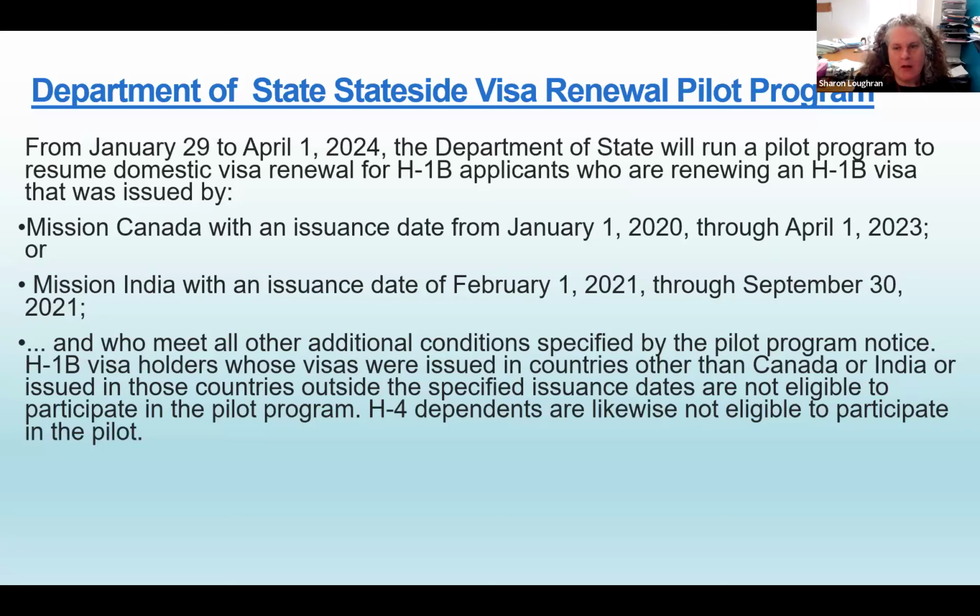It's a very small amount of people, but we're really hoping that the Department of State will go back to renewing visas in the US. They used to do it prior to 2000 or something. So fingers crossed. But I wanted to make sure you knew that.